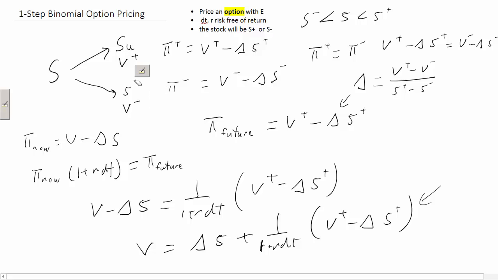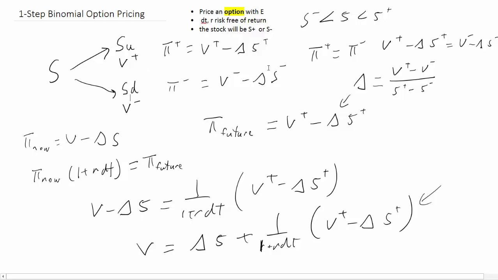The same thing, I'm going to take this S minus and multiply it by D for down. So S times D would be what the value of the stock would be if it goes down. So this doesn't look like it's going to help me because as far as the S goes, I had S, S plus, and S minus. I had 3 variables, and now I've got S, U, and D. I still have 3 variables, but it will be a simplification later. It'll help us out later.